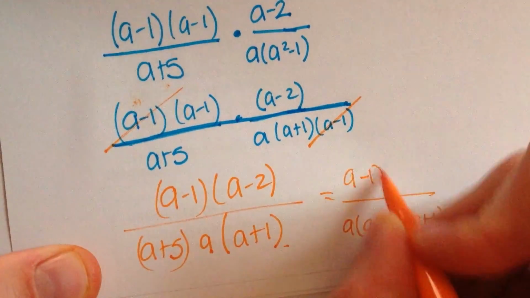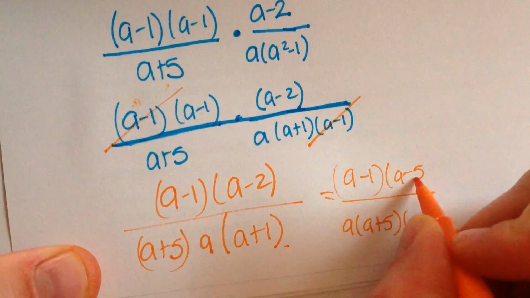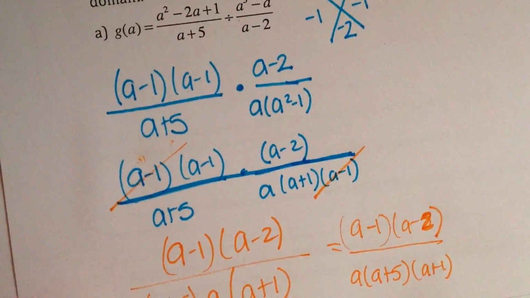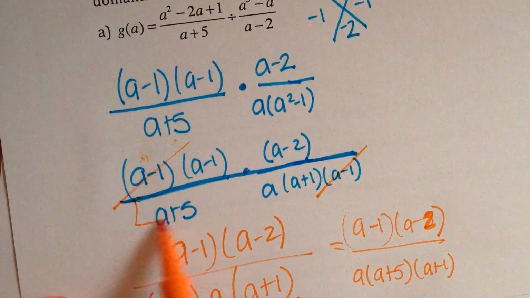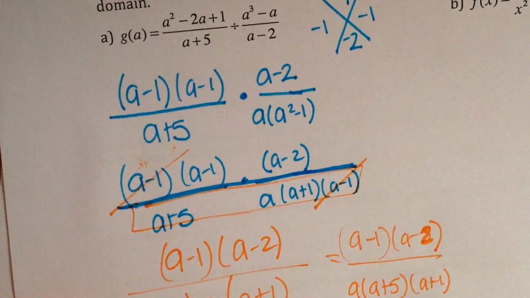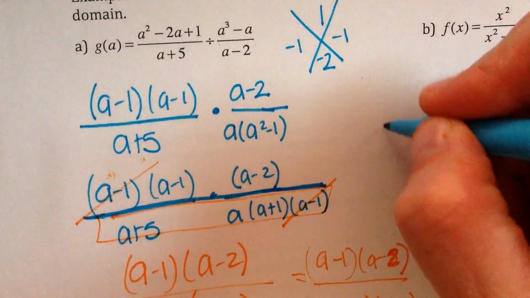And then it says, hey, list all of the restrictions on your domain. So when I'm going to do that, I'm going to go all the way before I simplified. I'm going to look where I have everything in factored form because it's easy to set everyone equal to 0.